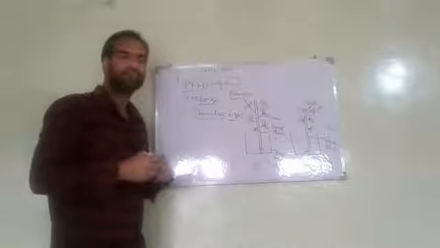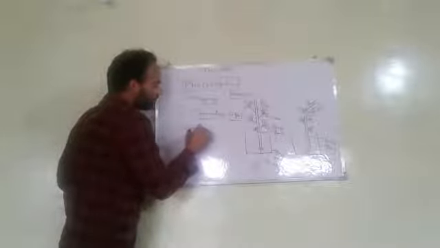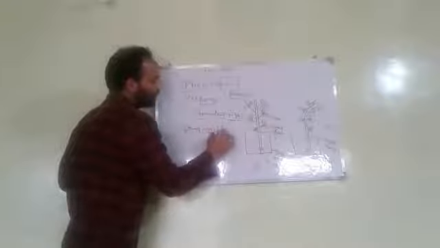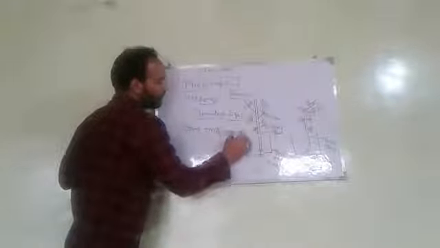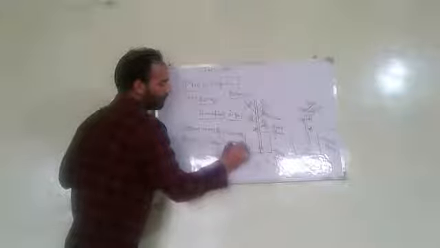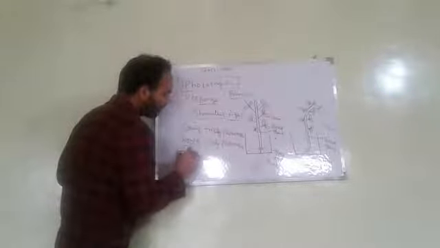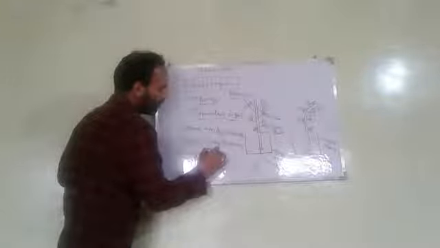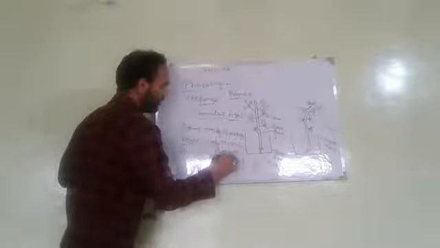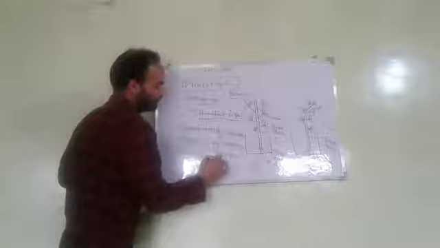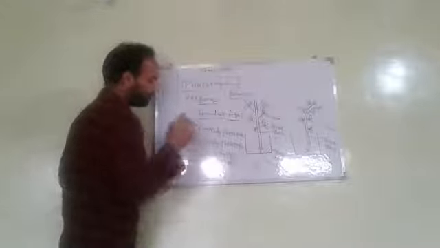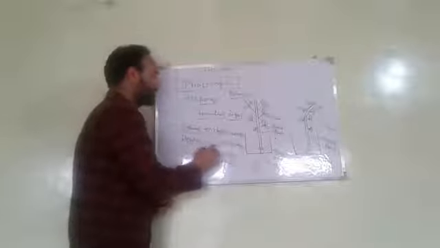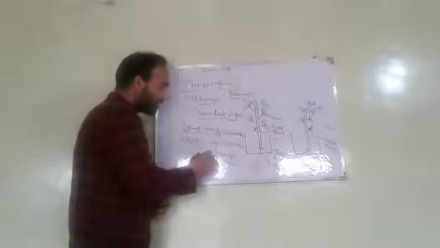In this lecture, we will discuss why stems are positively phototropic, why roots are negatively phototropic, why stems of some plants are straight, and why stems of some plants are curved, or we can say bent.